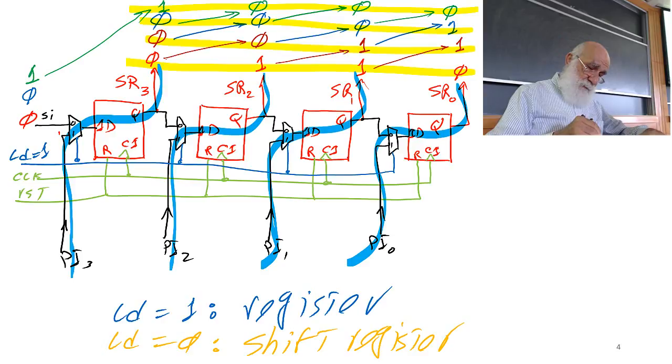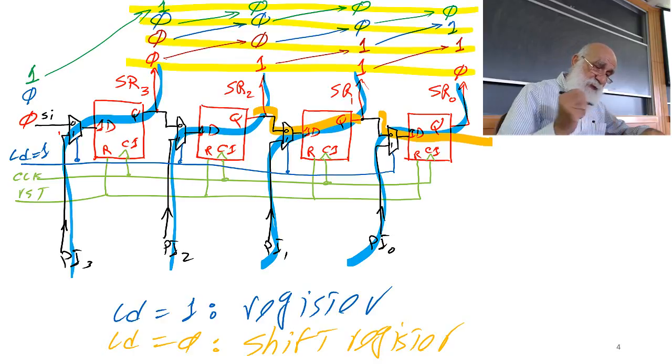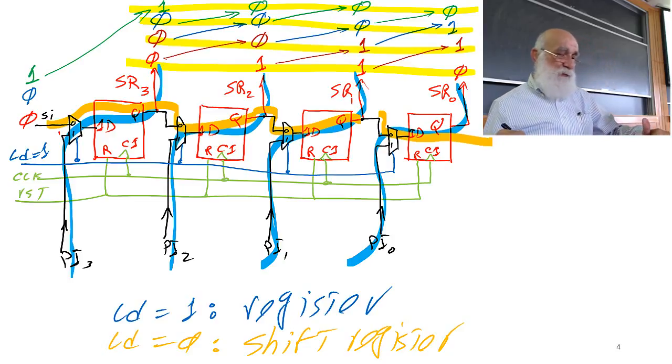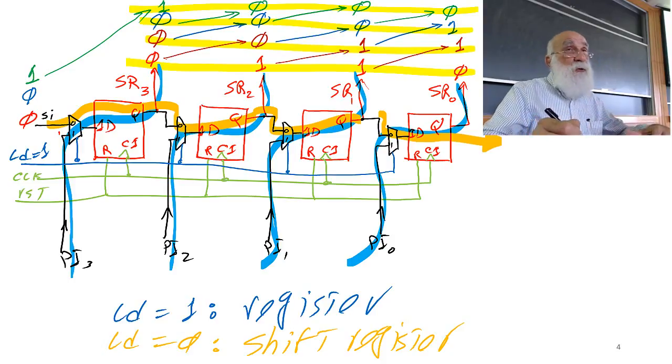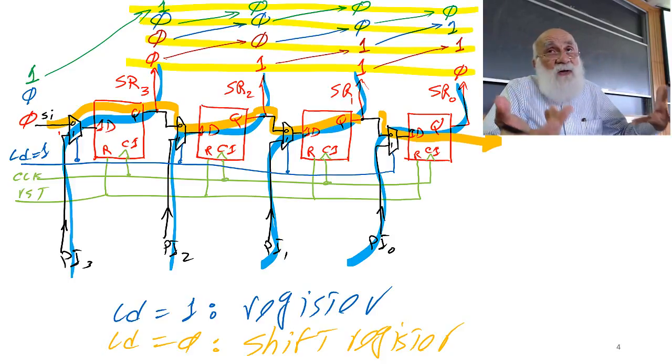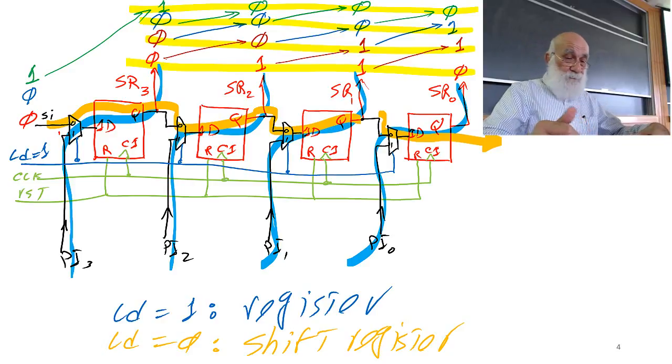And if load is 0, then you are working like a shift register, meaning that this one is taking this, this one is taking this, and then the leftmost is taking the serial input. And this becomes your rightmost bit, which is also regarded as serial output. So that's a shift register, and this is how you use the flip-flops for building shift registers.